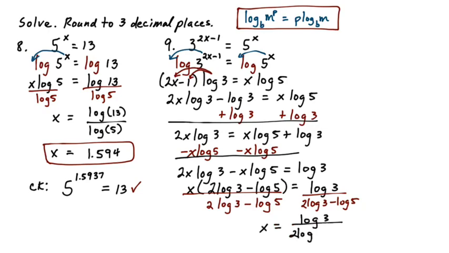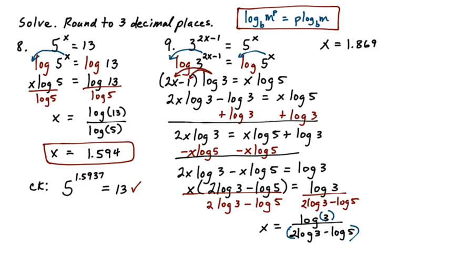So we end up here with x equals the log of 3 over 2 times the log of 3 minus the log of 5. When you put that into your calculator, because there are two terms in the denominator, make sure you put parentheses around the denominator. The other thing you should do is put parentheses around the 3 here. And when you put that in your calculator, you should get about 1.869.